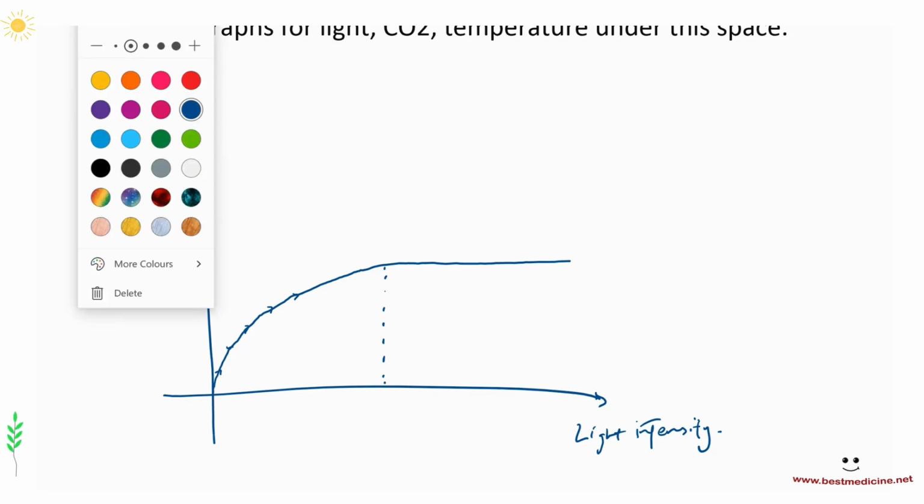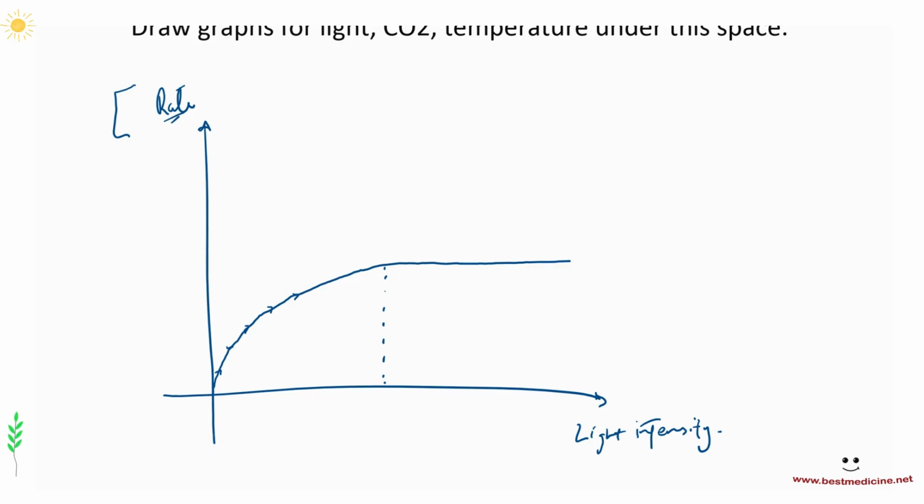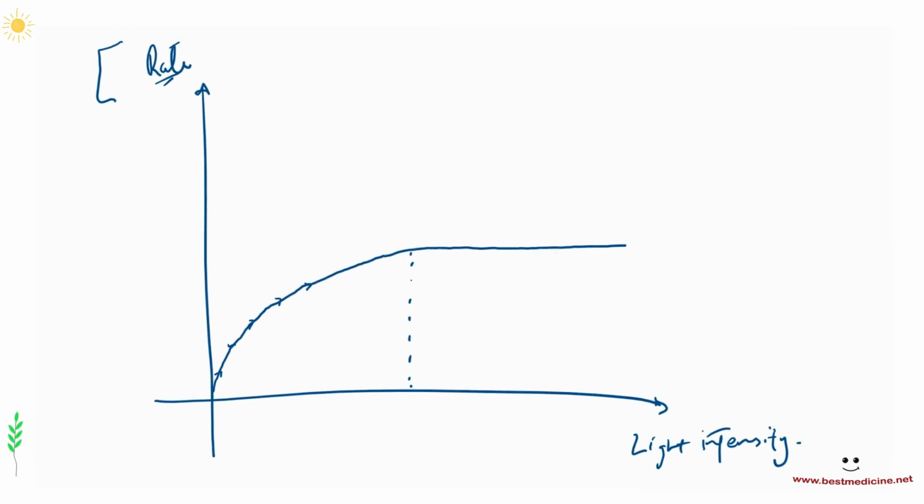So what's going on there? From this point onwards, light is no longer the limiting reactant. Okay, light is no longer the limiting reactant.